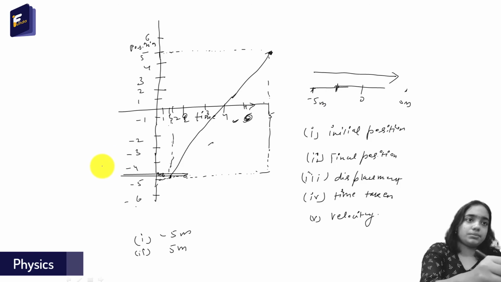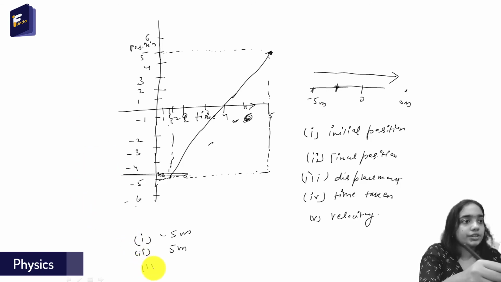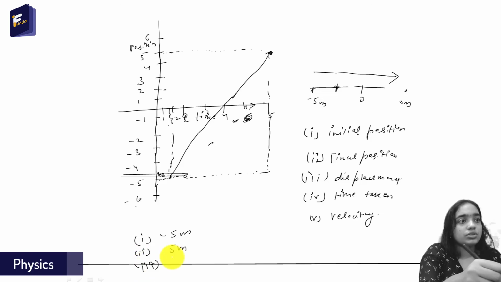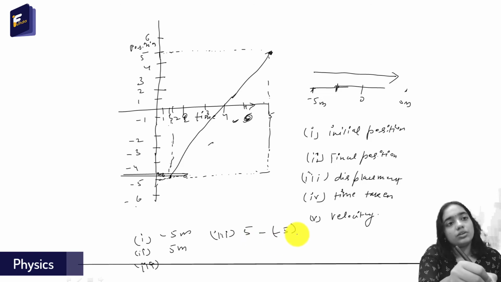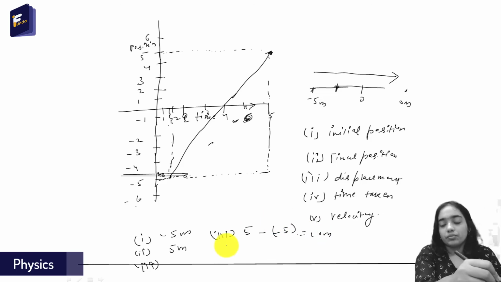So what is the displacement? Easy. We know the initial position and the final position. So it is final position minus initial position, which is equal to 10 meter. Very simple.